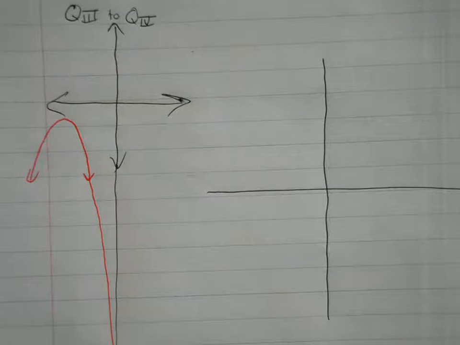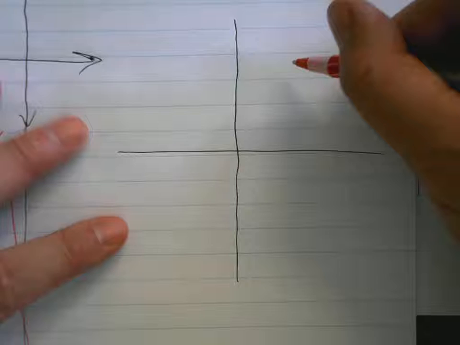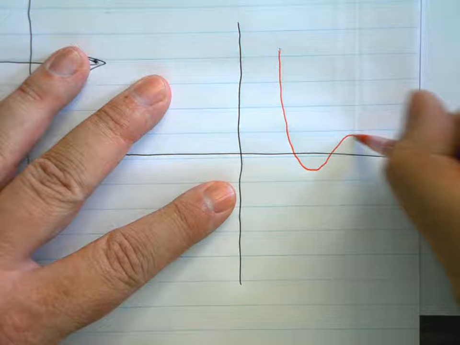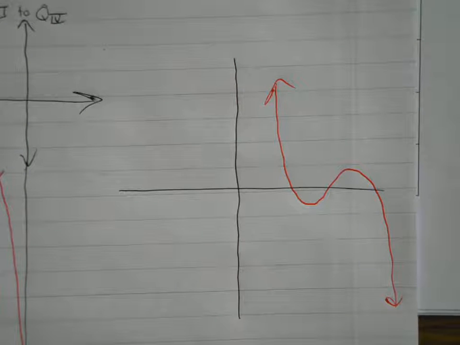Okay, let's try this with a cubic. Quadrant 2 to quadrant 4. Quadrant 4 is okay, right? You see it going out quadrant 4?